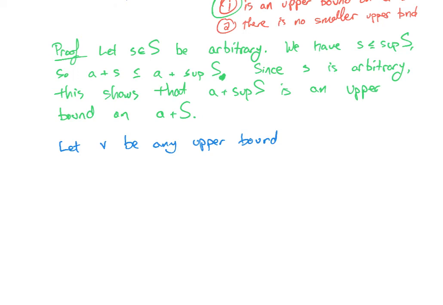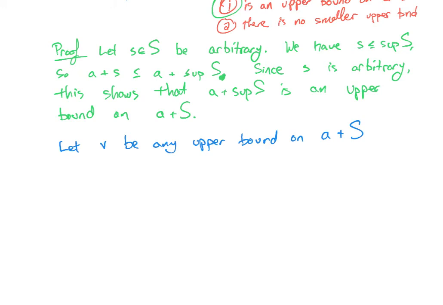Okay, so v is an upper bound on a plus sup S. So if I subtract off a, I'll get an upper bound on sup S. Is it a bound on a plus sup S? It's an upper bound on the number a plus sup S. Oh, sorry, no, you were trying to help me here, and I got it wrong.